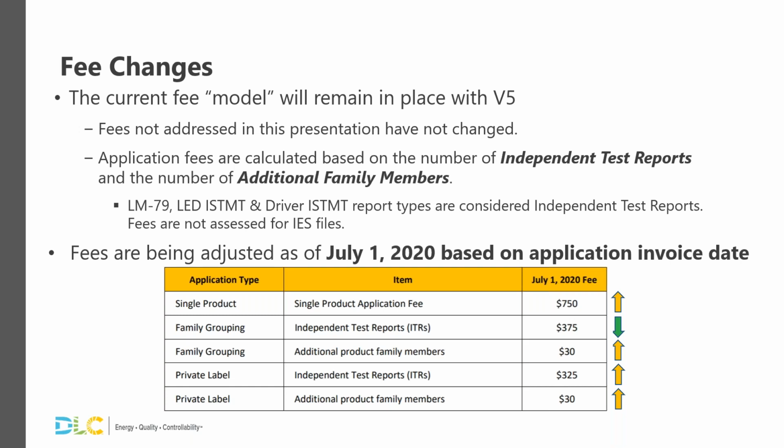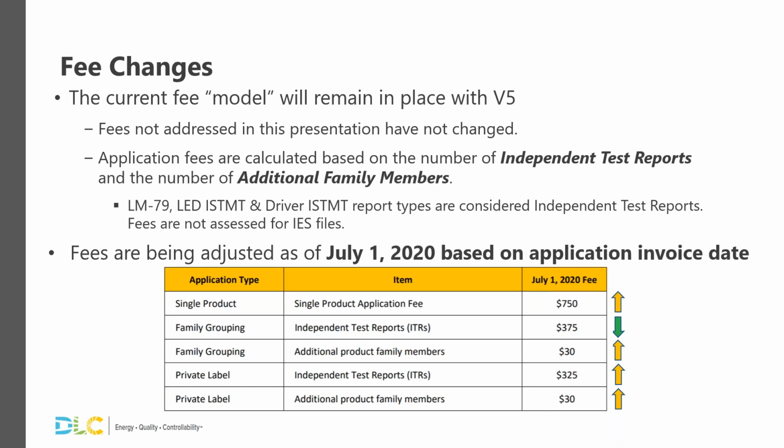For private labels, when it comes to the independent test reports, the fee has now been increased from $250 to now $325. And the private label additional product family member has also been increased as the family grouping product family member fee from $25 to $30.